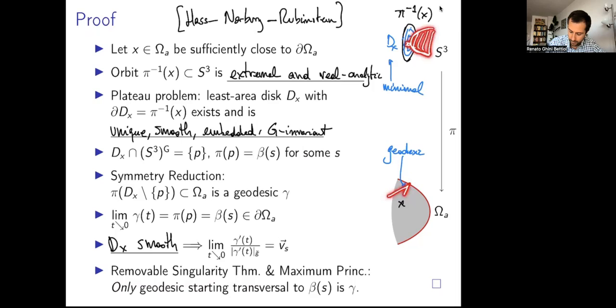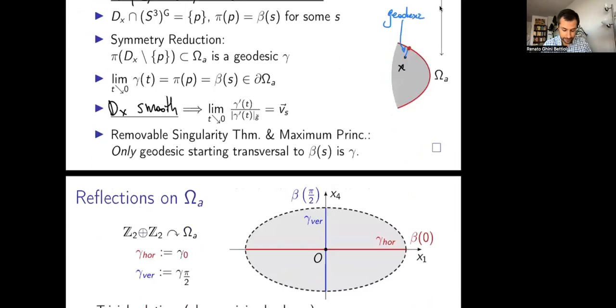Then I apply the maximum principle, and two minimal surfaces touching have to agree. So there's uniqueness as well. Of course, I didn't prescribe that point, but you can imagine moving this point around, and by a continuity argument, you cover everything. Then you can go backwards and start from the boundary. All right, so that's the proof of the existence of geodesics.